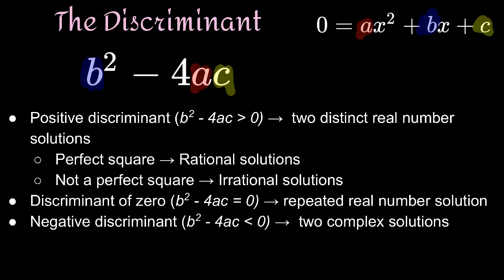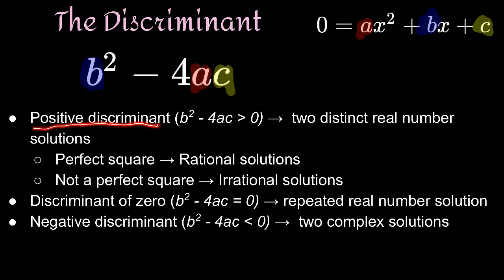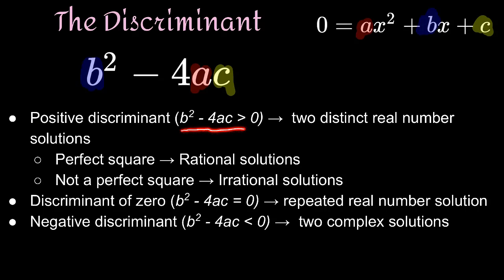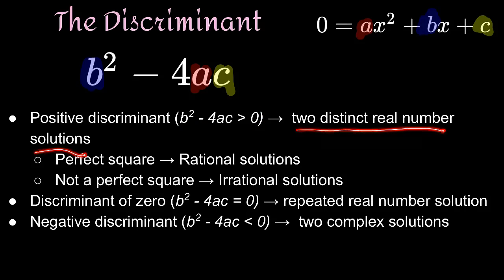So there are three possibilities when we're talking about the discriminant. If we get a positive discriminant, so that is b squared minus 4ac is greater than 0, we have two distinct real number solutions.